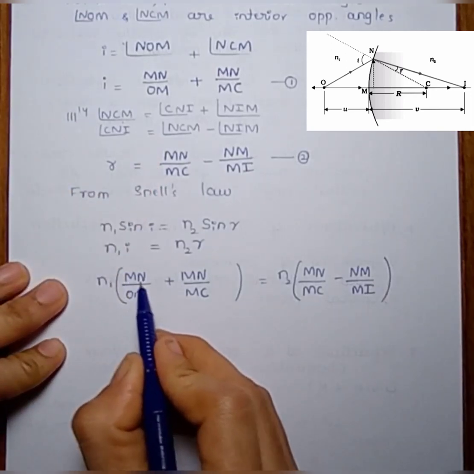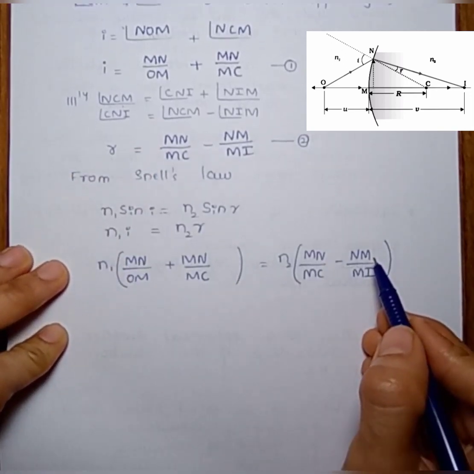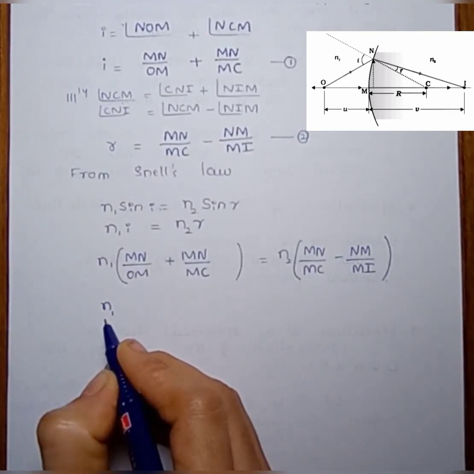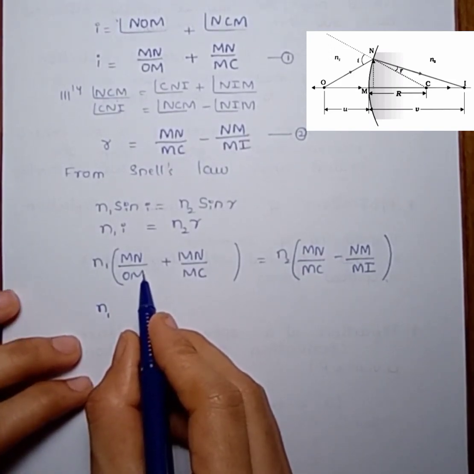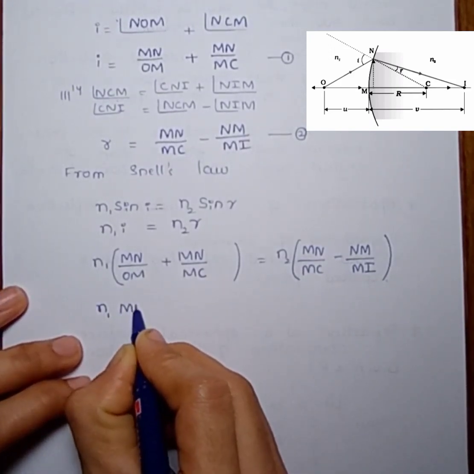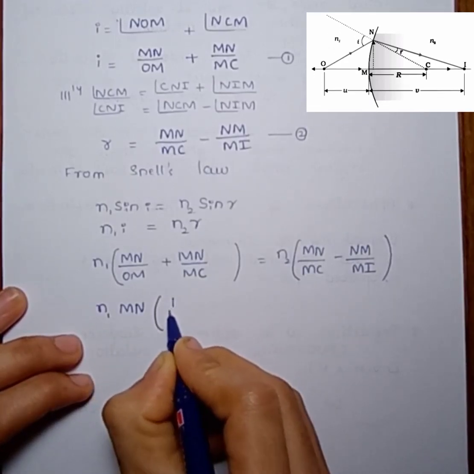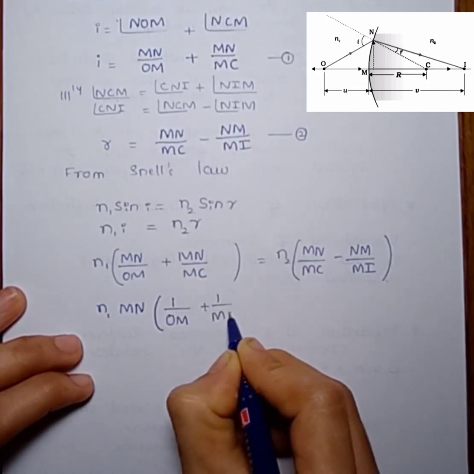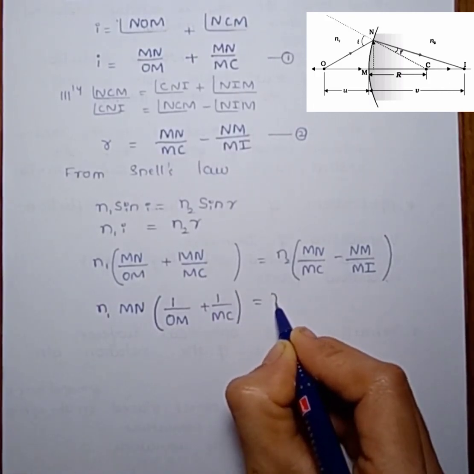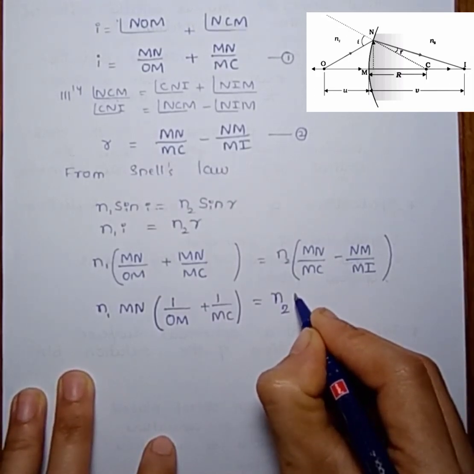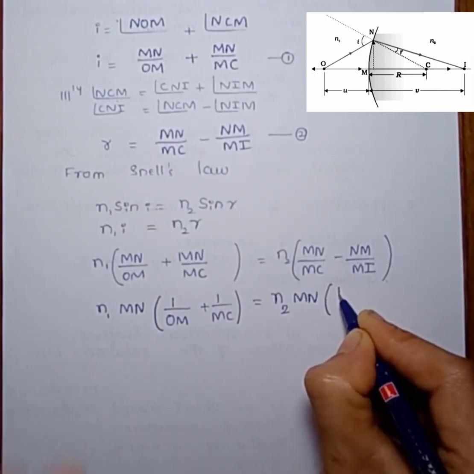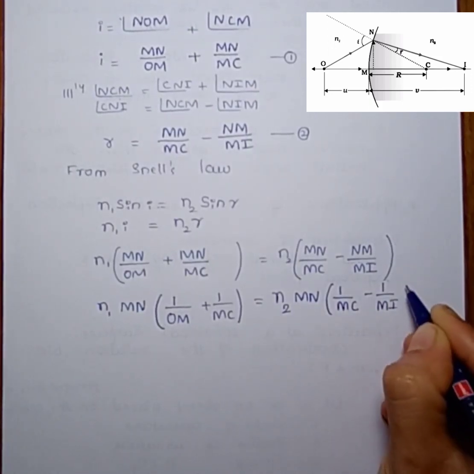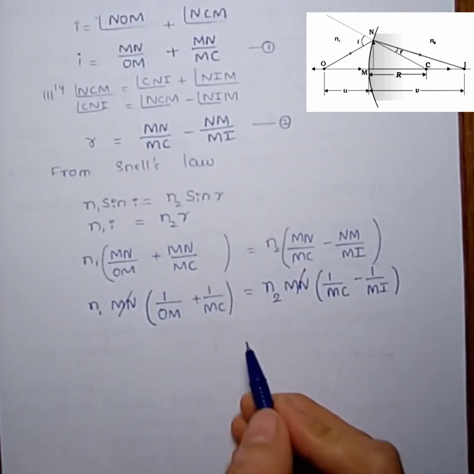Here MN is common to all the terms, so take it outside: MN times (1 divided by OM plus 1 divided by MC) equals n2 times MN times (1 divided by MC minus 1 divided by MI). Here MN cancels on both sides.